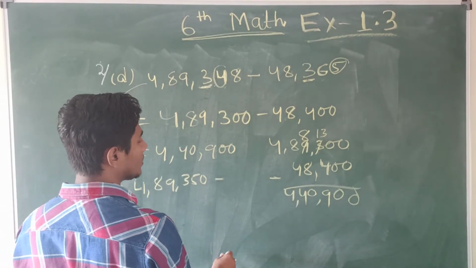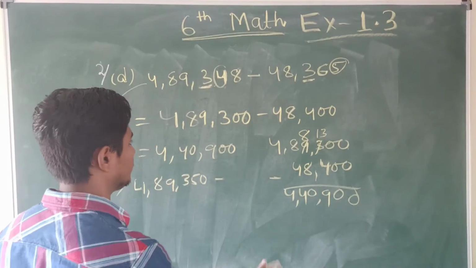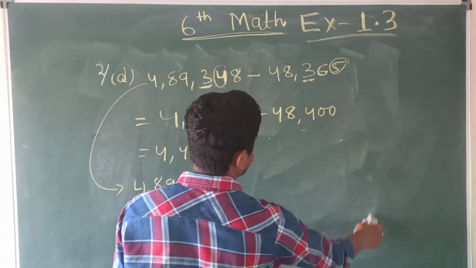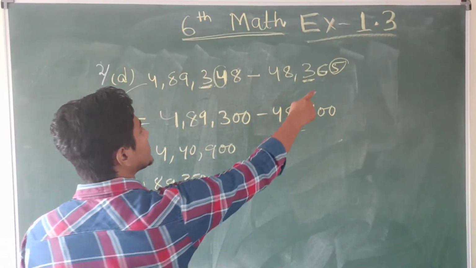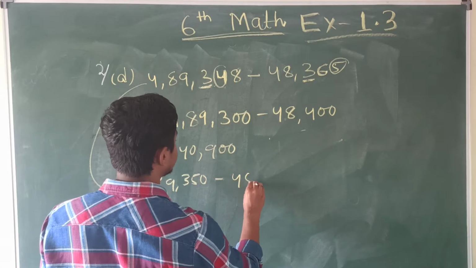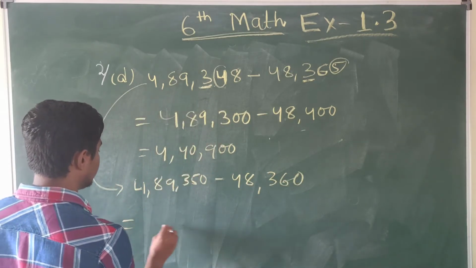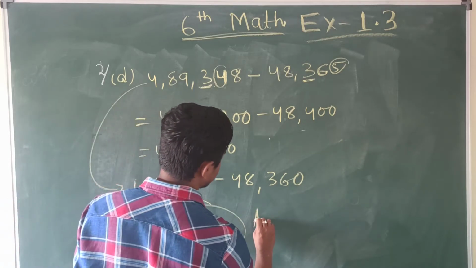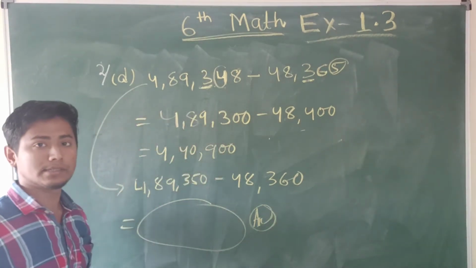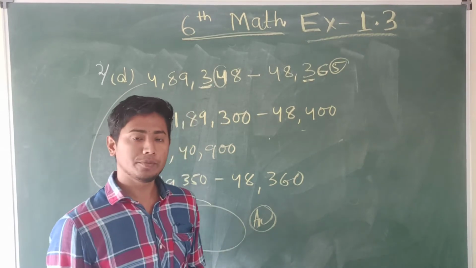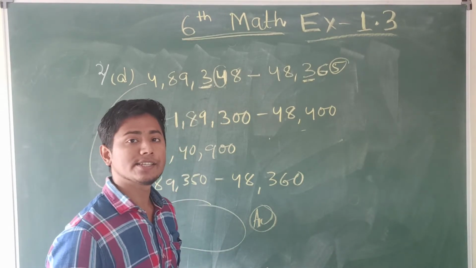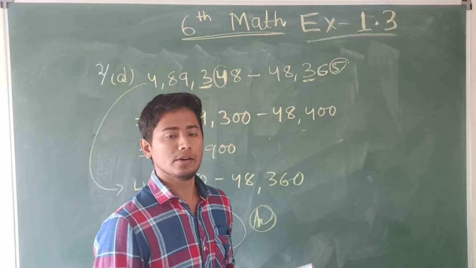So you can no change. It remains same. That is 48,360. Now you subtract and write the answer. I hope all of you know subtraction. So question number 1 and question number 2 you can solve again in your notebook.